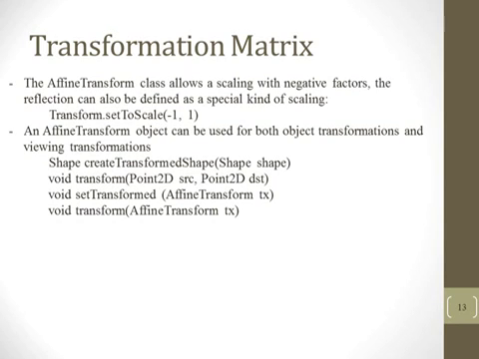The method setTransform replaces the current transformation with the given AffineTransform object. The method transform concatenates the current transformation with the given AffineTransform object on the right.